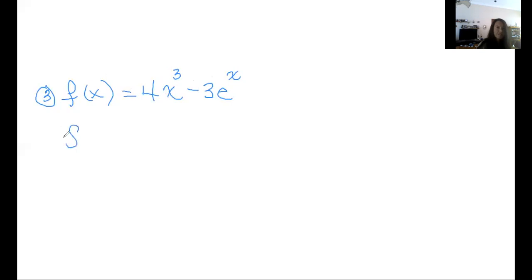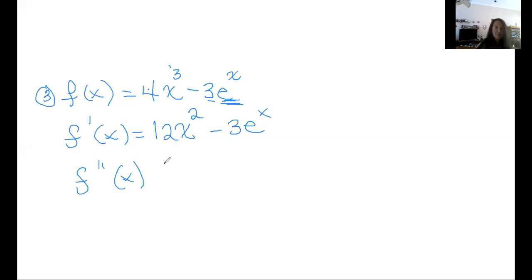So if I wanted to take the first derivative of this, I would use the power rule, which is 12x to the second. But e to the x is always e to the x, so that would be minus 3 e to the x. That doesn't change.